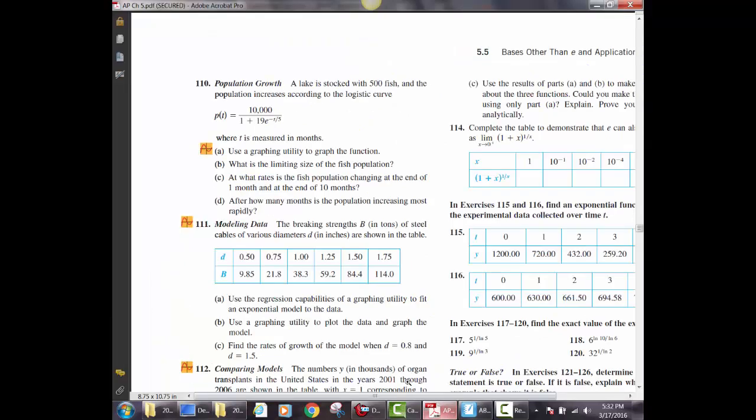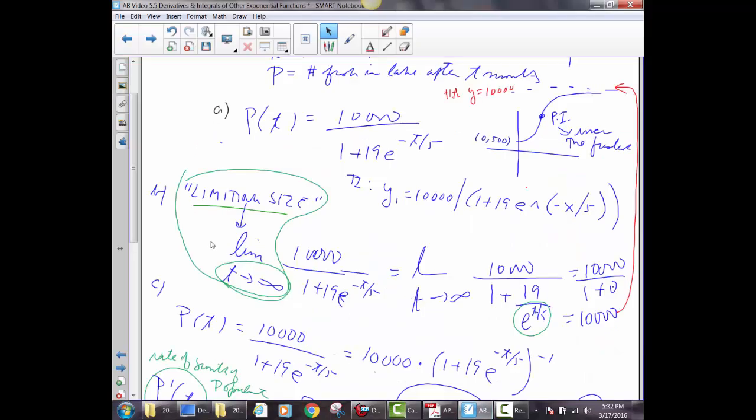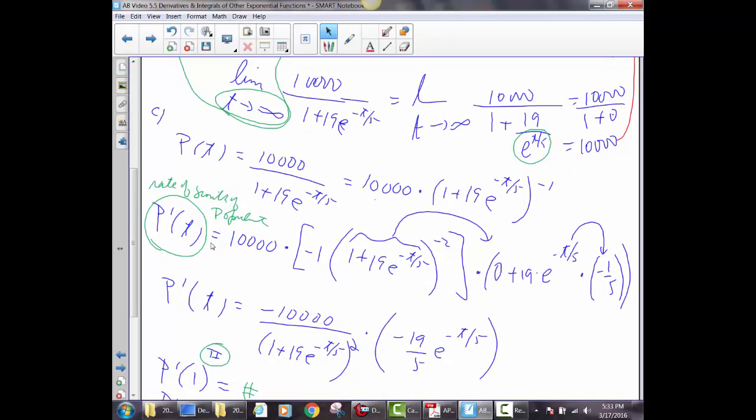that's what your population of fish will approach, okay? Part C, at what rates is the fish population changing at the end of the first month and at the end of 10 months? So the rate of change of the population is the derivative of this function. So I took this whole thing and brought it to the top, made it -1. This is a constant.